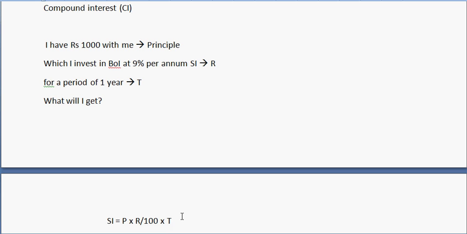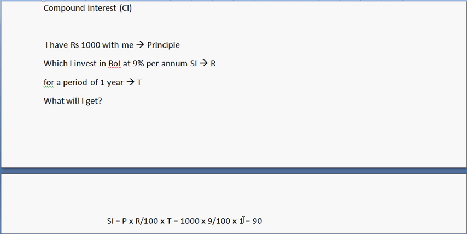So we'll say P into R by 100 into T, which is equal to 1000 into 9 by 100 into 1. So this is 90 rupees. This 1000 rupees is earning 90 rupees for me. That is the simple interest which I earned.